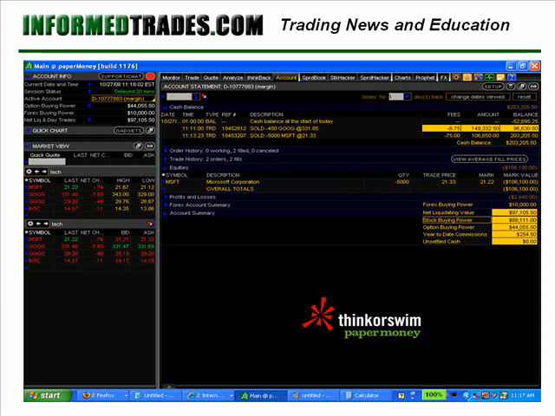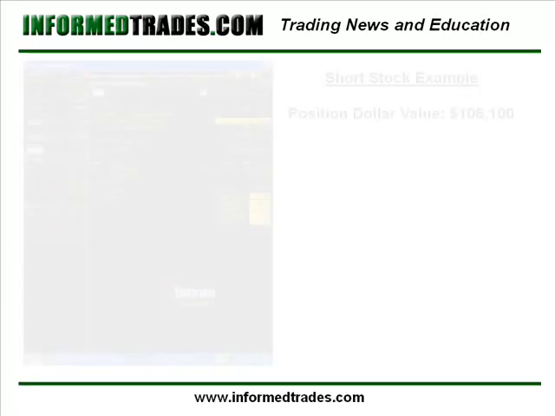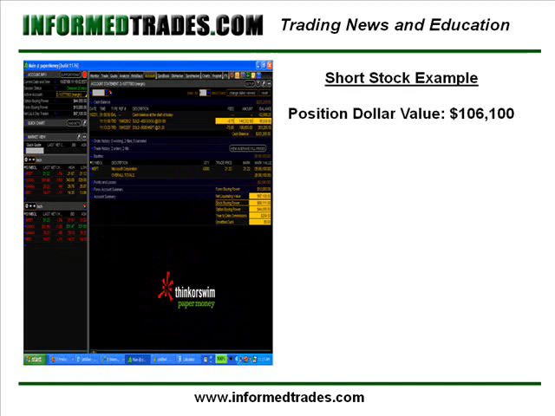For our short sale example, I'm going to sell 5,000 shares of Microsoft stock, which at the time I took this screenshot had a market price of $21.22. As shown on the platform, this makes the dollar value of this position $106,100.